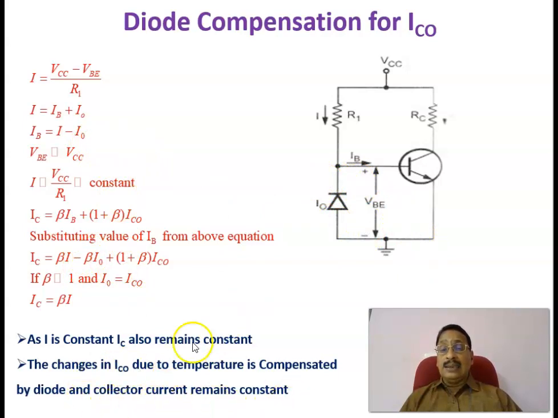The collector current remains constant, independent of the temperature variation. That is, it is compensated against the variation of ICO with respect to temperature. That's called the diode compensation for reverse saturation current ICO using a diode.